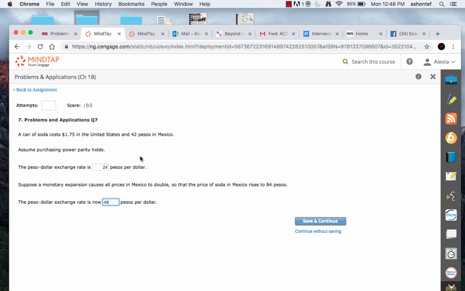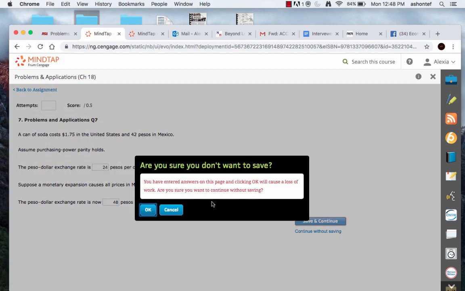So just so you know where we're getting this number from, it would be 42 divided by 175, which gives us the 24. And then in the monetary expansion, just doubling the money is just going to double that dollar exchange rate. So we'll continue.